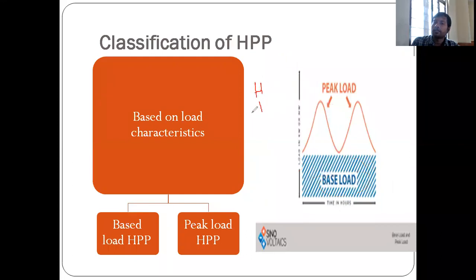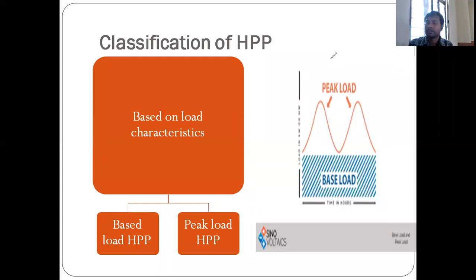In hydel power plants, during summer season, the hydel power plant acts as a peak load plant. And during rainy season, the hydel power plant acts as a base load plant. Base load means which produces electricity constantly. During the summer season, we need to produce electricity based on requirement only.